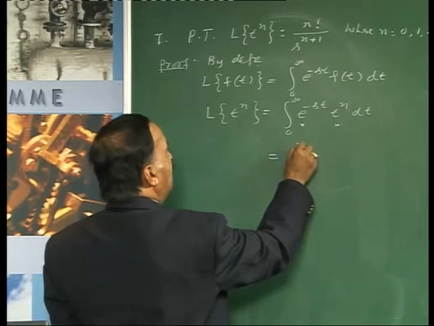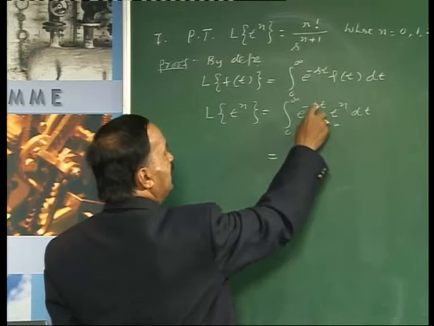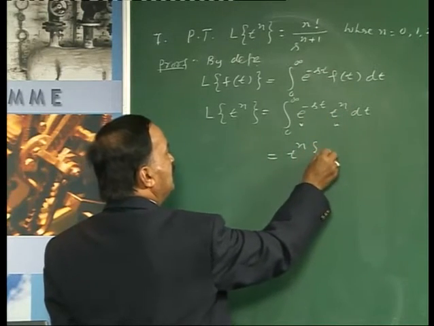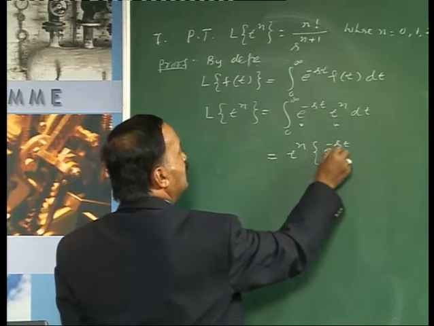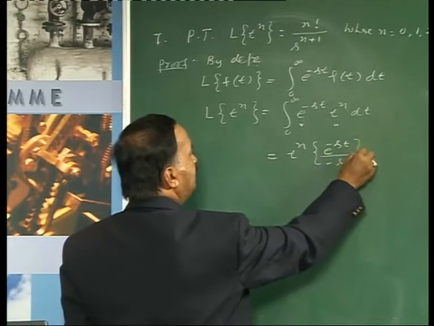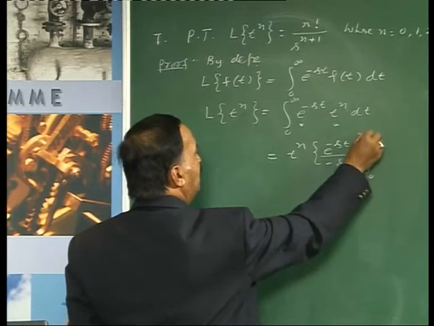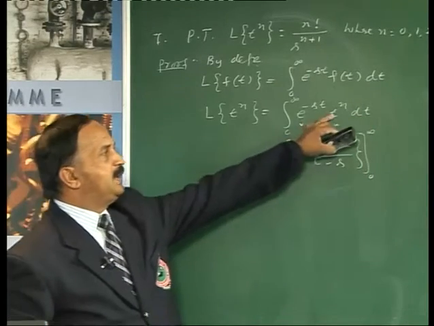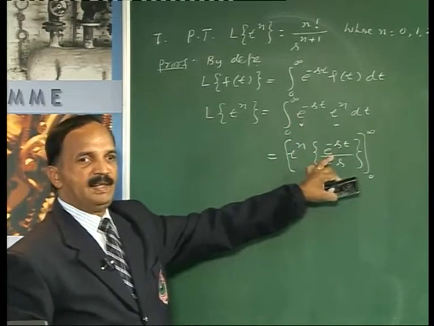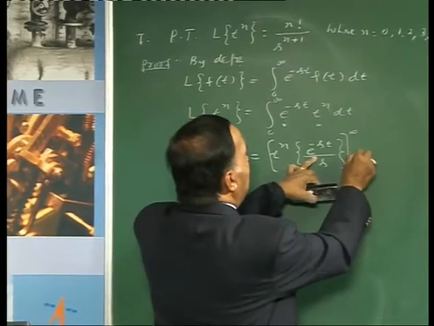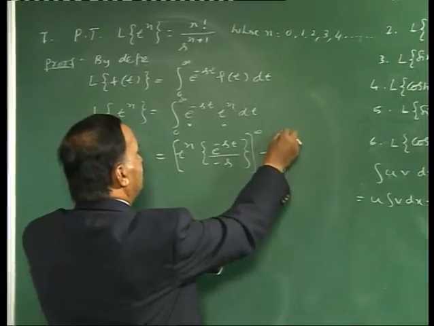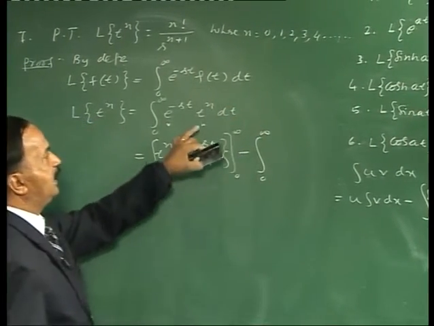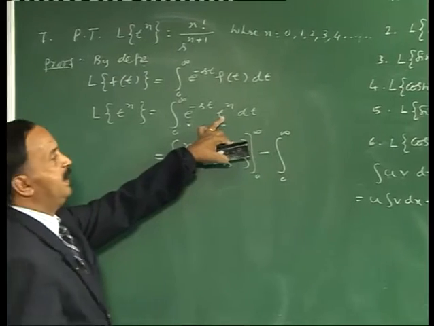So t to the power of n, and the integral of v, that means the integral of e to the power of minus st, is e to the power of minus st by minus s, from 0 to infinity. First function into integral of second minus integral of derivative of first.